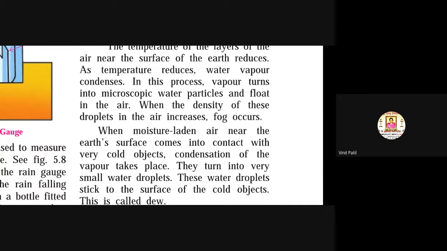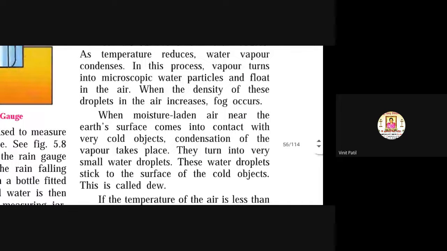Now when moisture laden air near the earth's surface comes into contact with very cold objects, condensation of the water vapor takes place. म्हणजेच काय, we know on the surface of the earth there are very cold objects like rock. At nights we know that a rock gets very cold. Even small plants, grass, their leaves, they also get very low temperature.